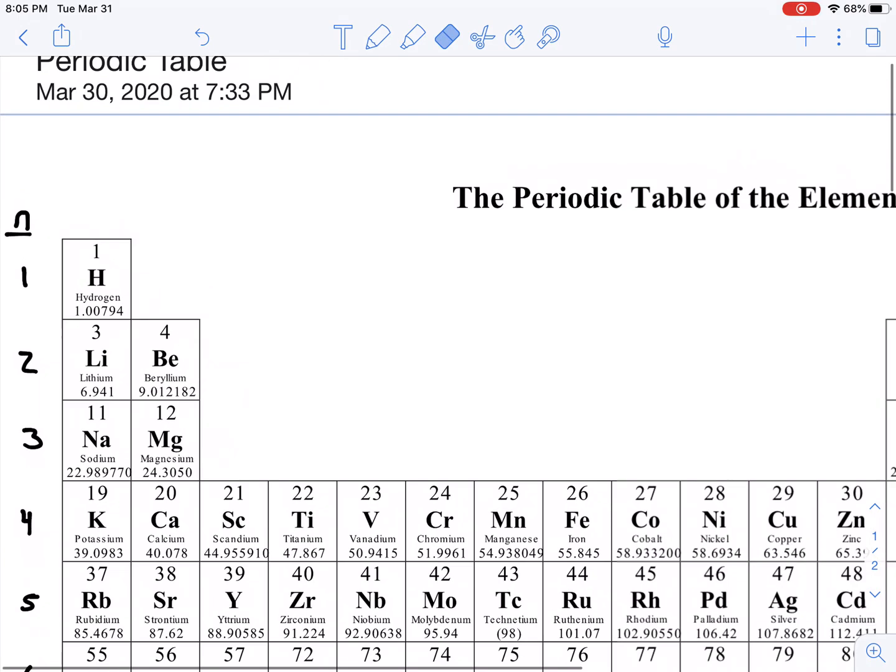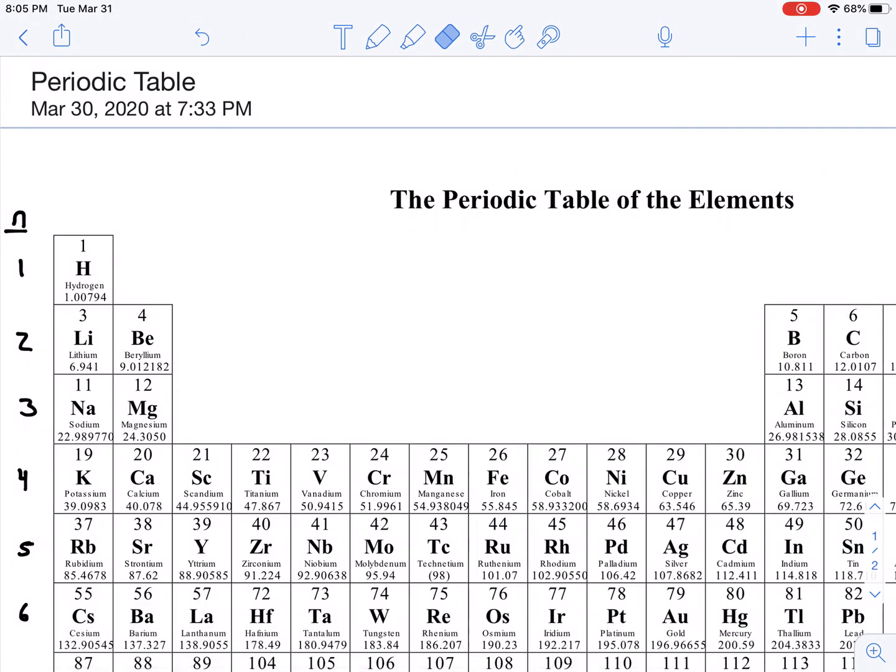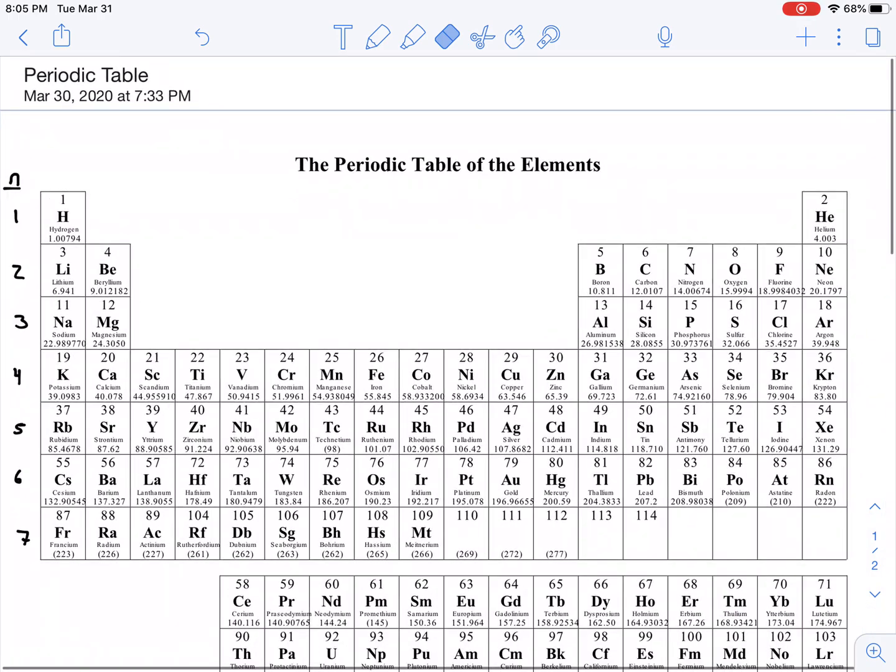Okay. So when we write electron configurations, we read the periodic table like a book. We go left to right, we go top of the page to the bottom of the page, and we basically follow atomic numbers. So here's an atomic number 1, here's an atomic number 2. We are going to write the electron configuration or the code for the elements as we go in order.